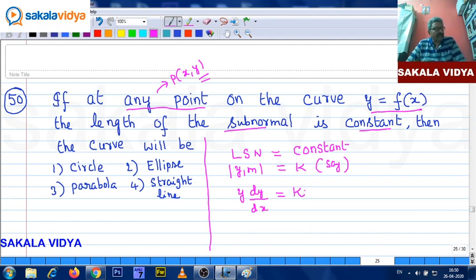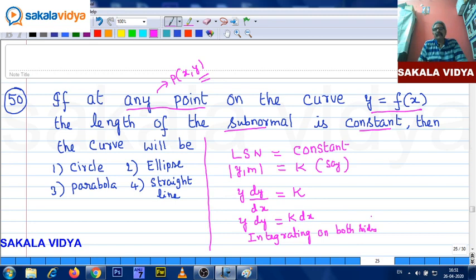Now, it seems to be a differential equation. We need to solve the differential equation. So, that means variable separable method: y dy is equal to k dx. Integrating on both sides, integral of y dy equals k times integral of dx.